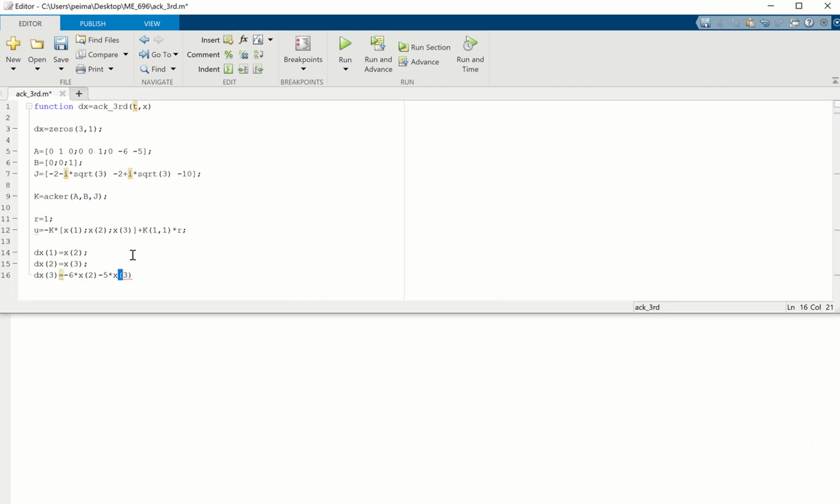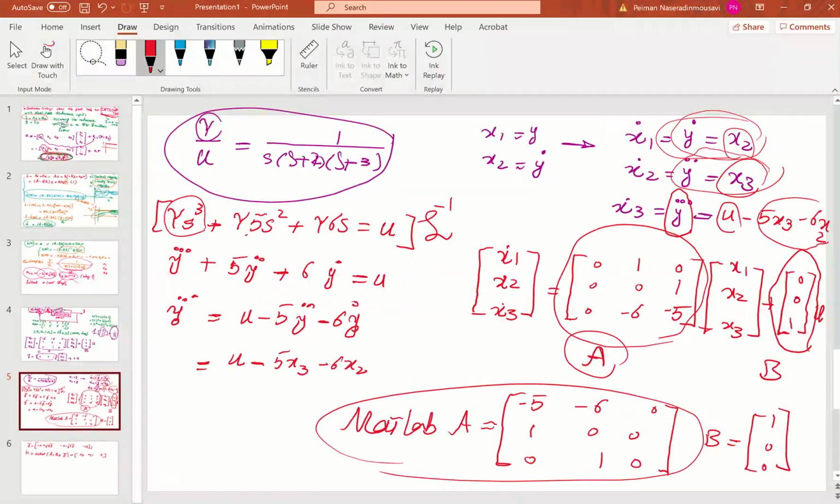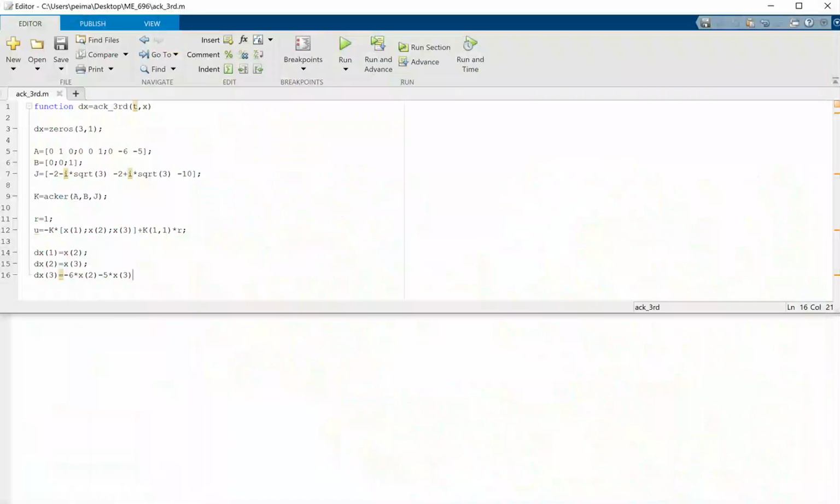I don't write the equations like this typically. So let me double check. See, plus u, we just designed u. This is what we designed for a system having an integrator and non-zero reference input.